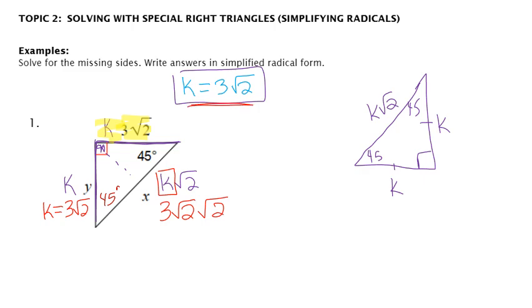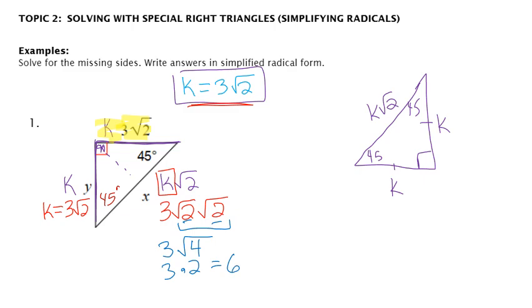So our answer is not just 3 radical 2. We have to go ahead and simplify. So radical 2 times radical 2. Some of you might remember when we learned radicals that just becomes a 2. If you need to see it again, you know that's 2 times 2, which is 4. The square root of 4 is 2.